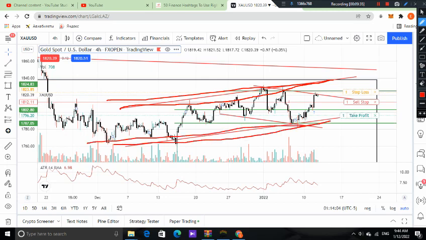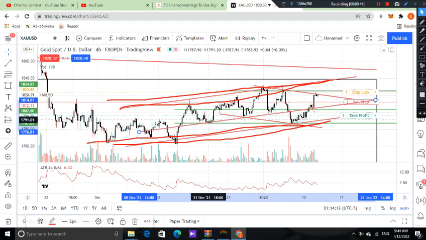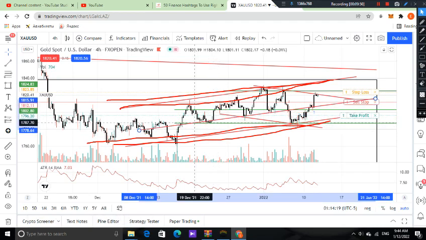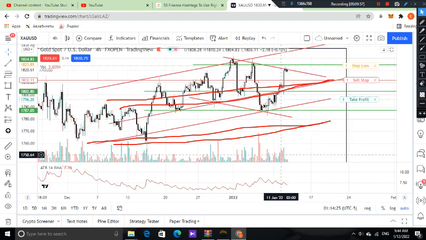In a broad channel, you can both sell and buy, but it's better if you buy. It's more probable, its probability and winning rate are higher. You can also consider a midline for it.